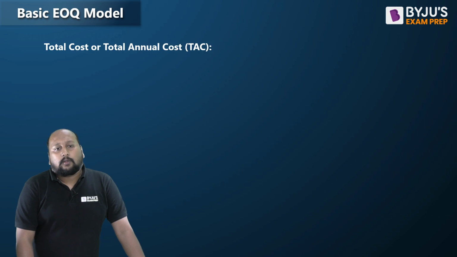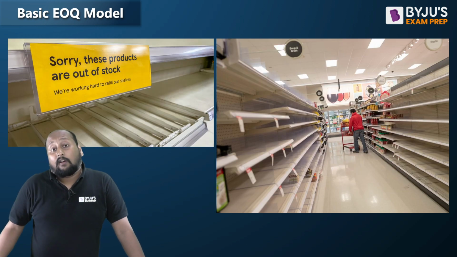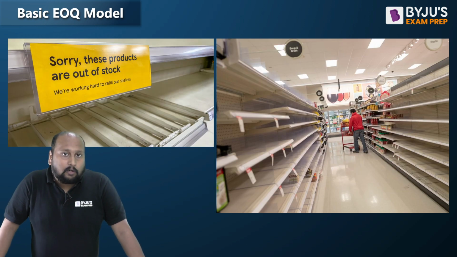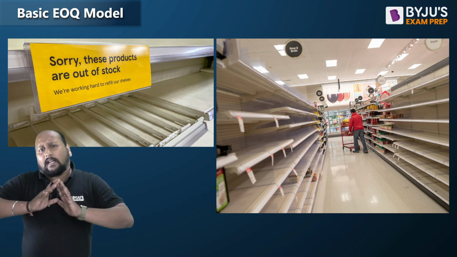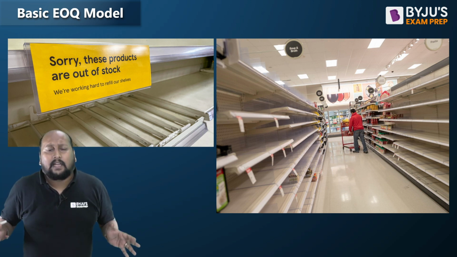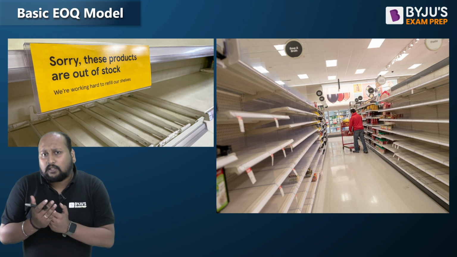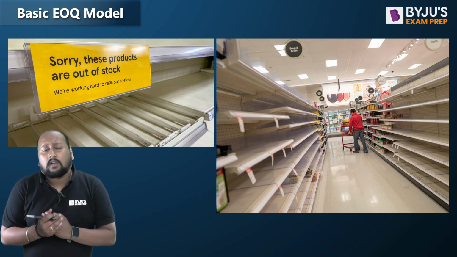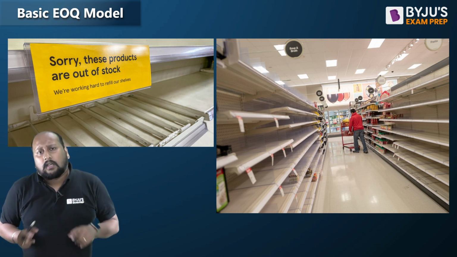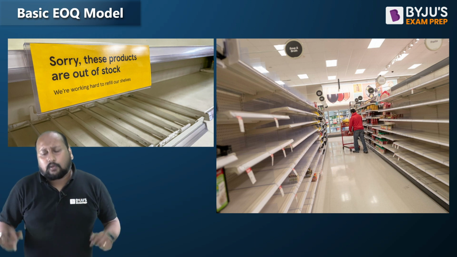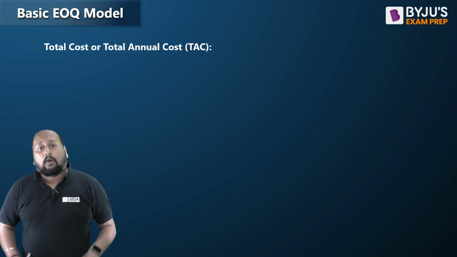So now let's proceed. What is the meaning of total cost or total annual cost? Whatever cost is associated with the inventory, that could be purchase cost, ordering cost, holding cost, or the shortage cost. The summation of all the costs associated, we call total cost or total annual cost.